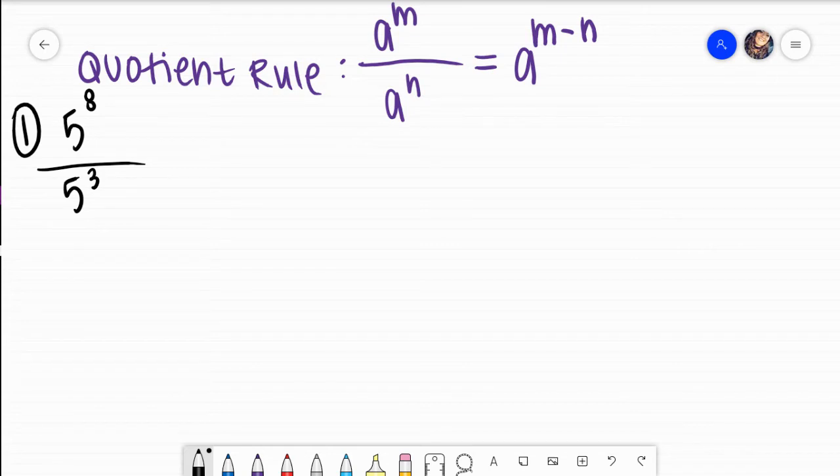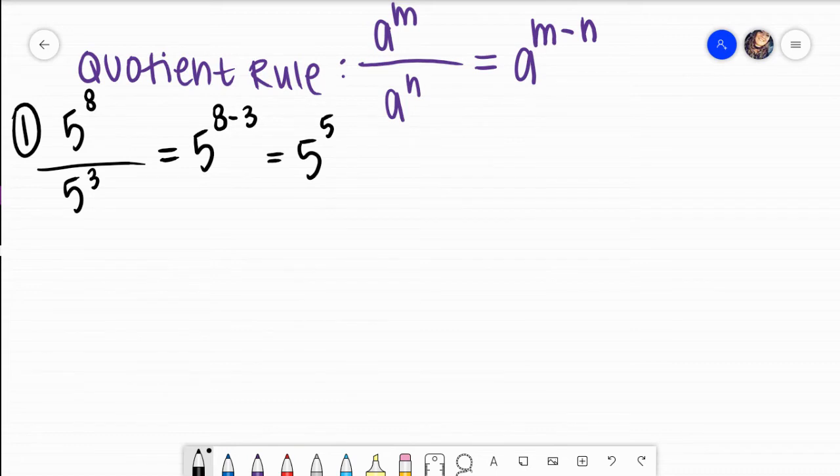That means that my base in both spots is the same, which is 5. The rule says to keep your base and subtract your powers. So we get 5. 8 minus 3 is 5. So the answer would be 5 raised to the 5th power.